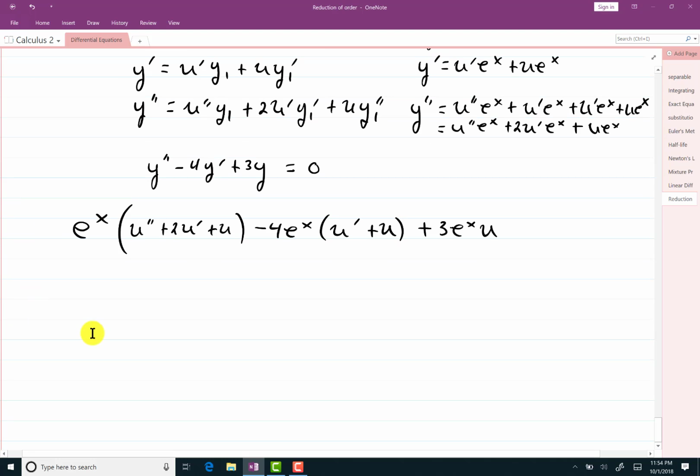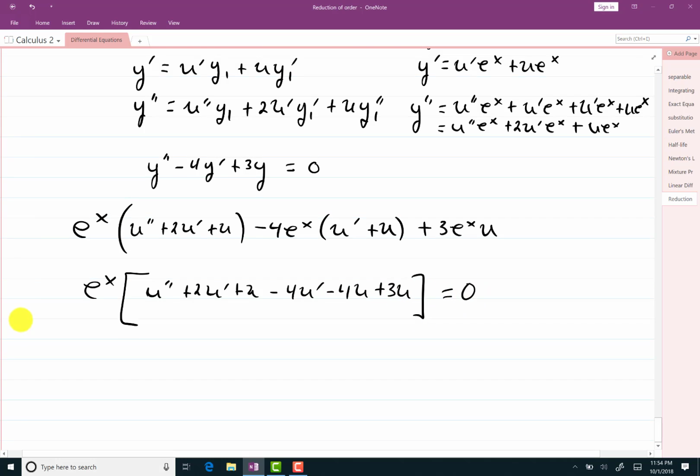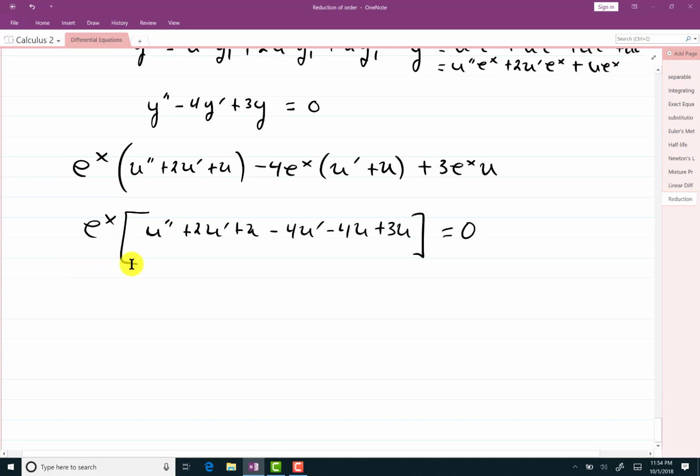So I'll factor out an e to the x out of all this stuff. Let's use brackets this time. U double prime plus 2u prime plus u minus 4u prime minus 4u plus 3u. What we need is for the u's to go away, so I got u minus 4u is negative 3u plus the 3u, they do go away.